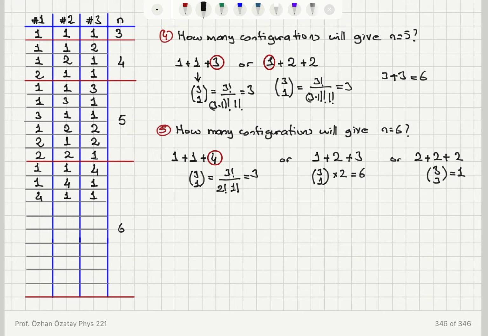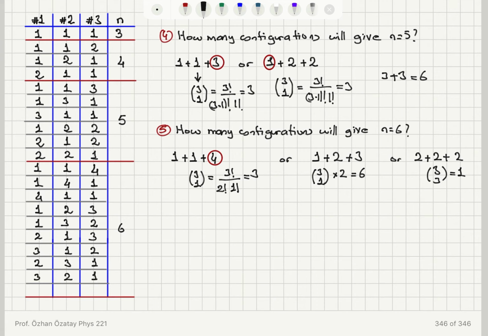And I can have 1, 2, 3; 1, 3, 2; then 2, 1, 3; 3, 1, 2; then 2, 3, 1; and 3, 2, 1.